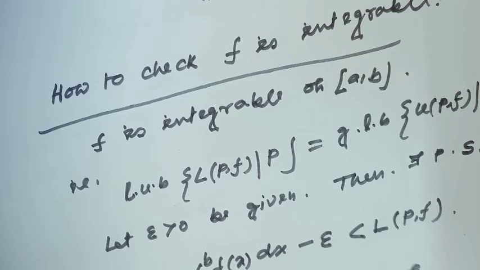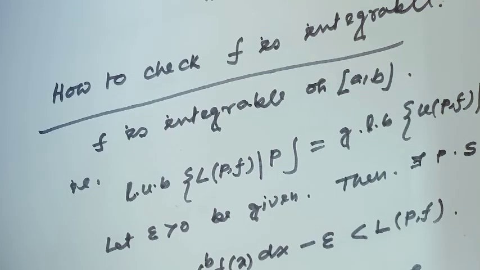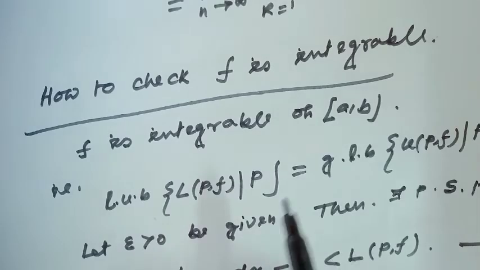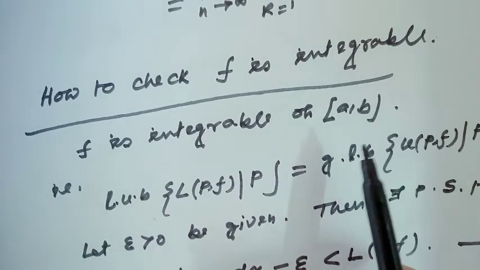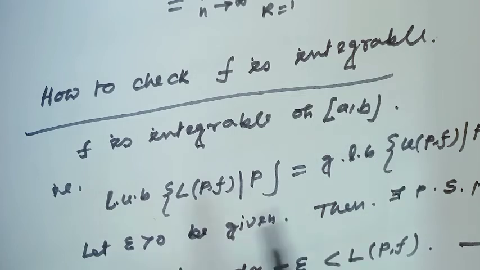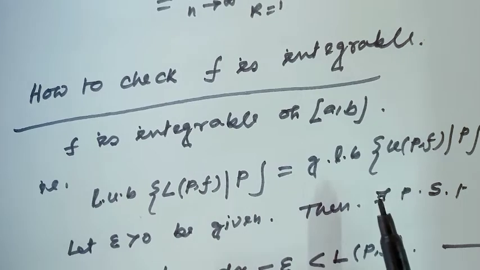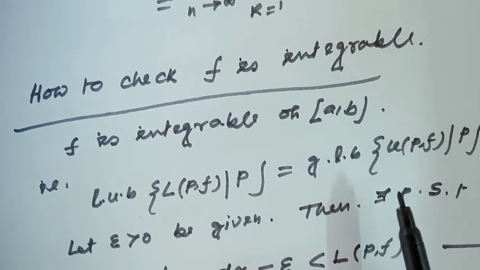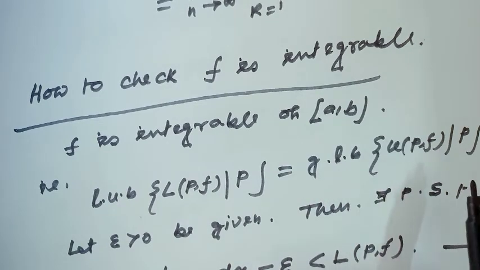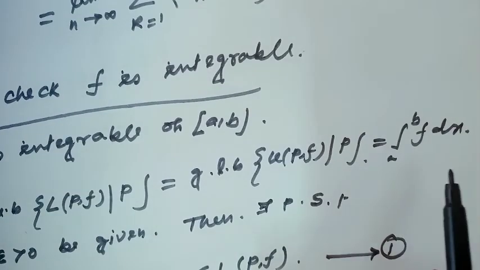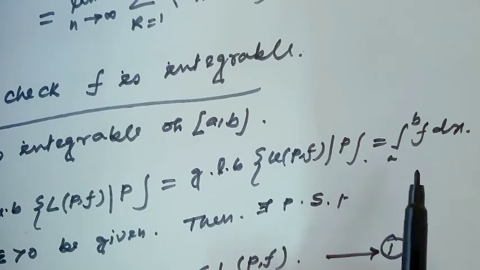Now I will show how to check whether the function f is integrable. All of us know f is integrable on the closed interval [a, b] means the least upper bound of the set {L(P, f)}, where P is any partition, is equal to the greatest lower bound of the set {U(P, f)}, where P is any partition. This value is the same for the integrable part.